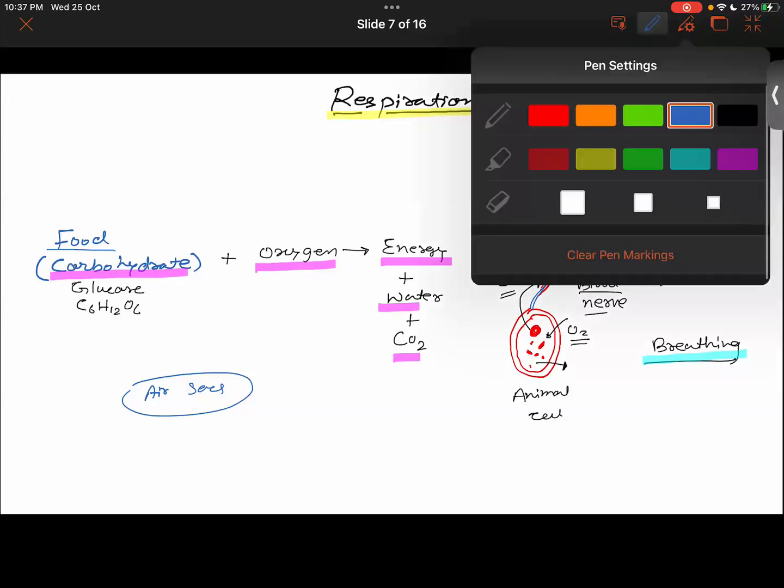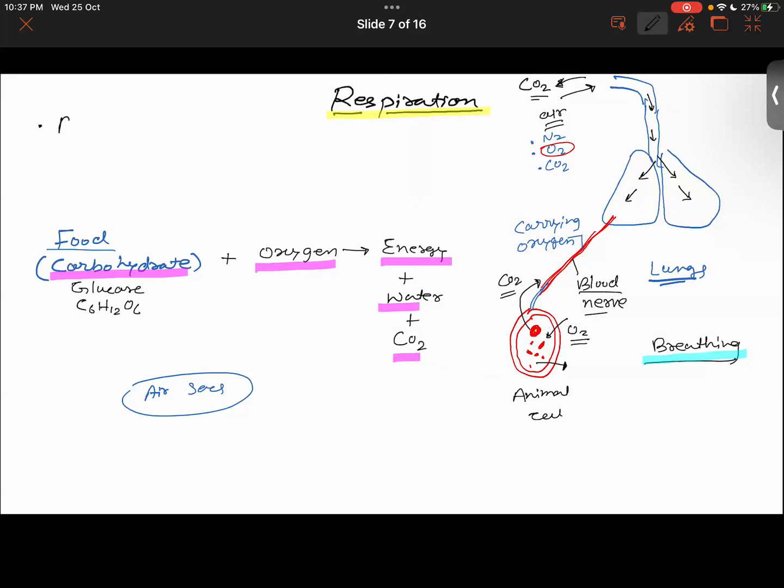Please try and define it in your own language. What is respiration? It is the process by which food is broken down in the human body or in any other organism.